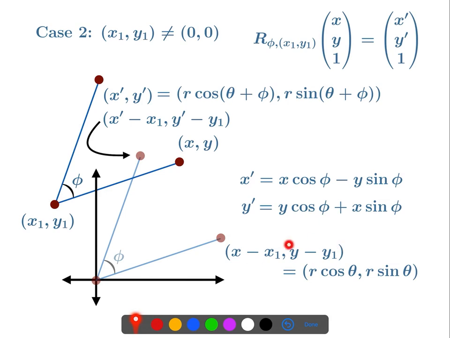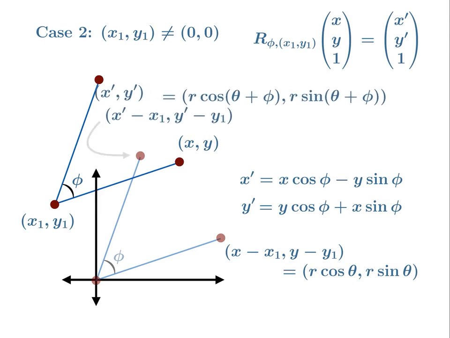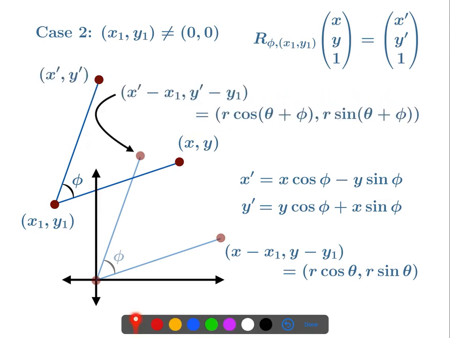So I've rewritten this as r cosine theta, r sine theta, and as we know from what we did in case 1, this point that it gets translated to is this expression now. So this point, x prime minus x1, y prime minus y1, will go to r cosine of theta plus phi, r sine of theta plus phi. Again, because this is still r, and this is theta plus phi.